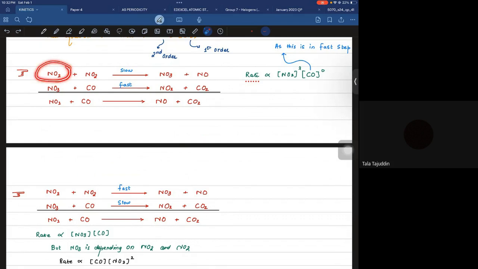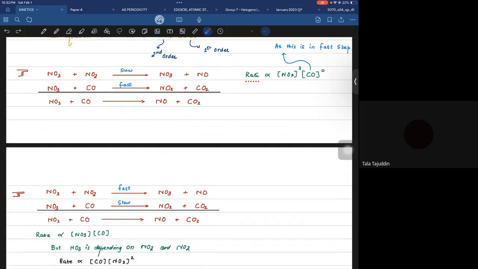When NO2 is going to react with NO2, it's forming NO3 and NO. And when NO3 is going to react with CO, it's going to form NO2 and CO2. Since they are going to be cancelled, the remaining would be NO2 and CO and then NO and CO2. It's an idea basically, it's common sense.